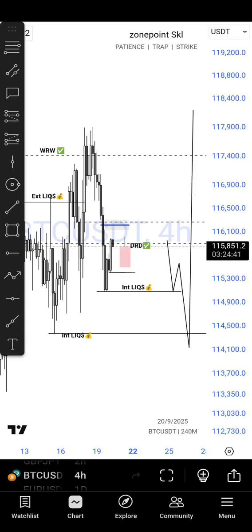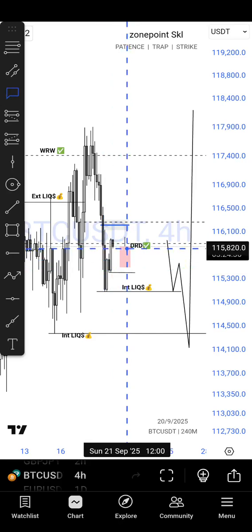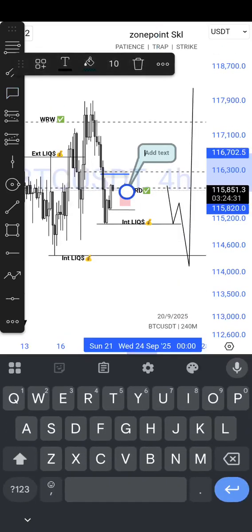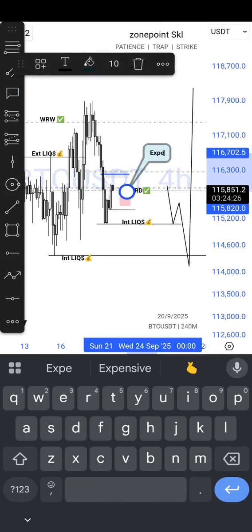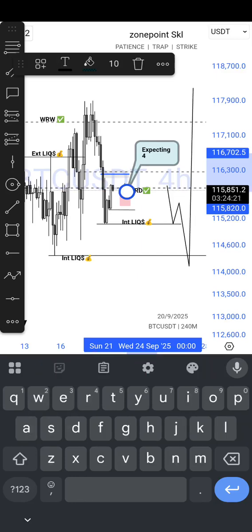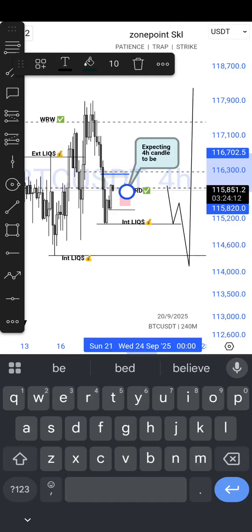Let me just pin it out so that I know it, but I want to send this to a group so that they can see it. Alright, expecting the 4 hour candle to be like this.